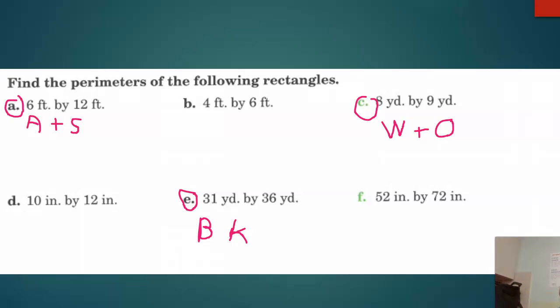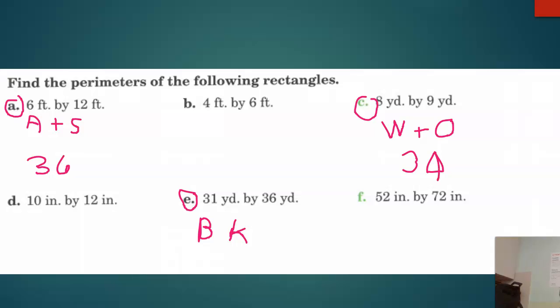All right, so let's check your answers. Let's remember that first of all, this should have been written out as 12 times 2 and 6 times 2. So we would have had 24 plus 12 for a total of 36 feet. For letter C, we would have done 2 times 9, 2 times 8, and we would have a total of 34 yards.